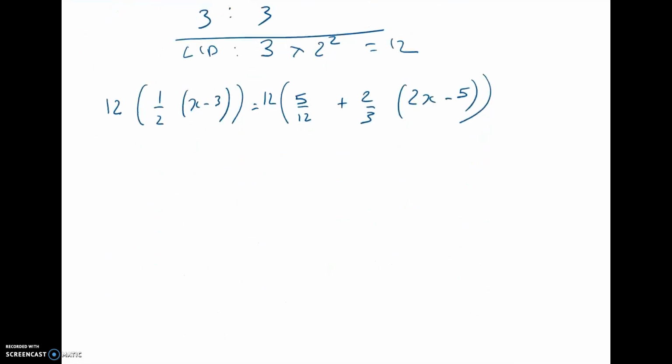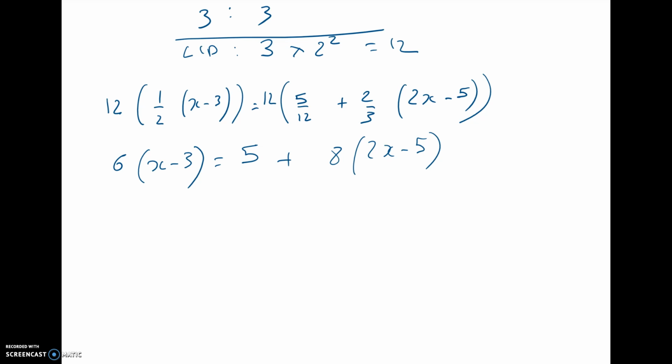All right, if I do that, 12 divided by 2 is 6. 6 times x minus 3 equal 12 multiplied by 5 divided by 12, the 12 cancels out, 5. 12 divided by 3 is 4. 4 multiplied by 2 is 8. 8 times 2x minus 5. There you go. We good? Does that make sense?